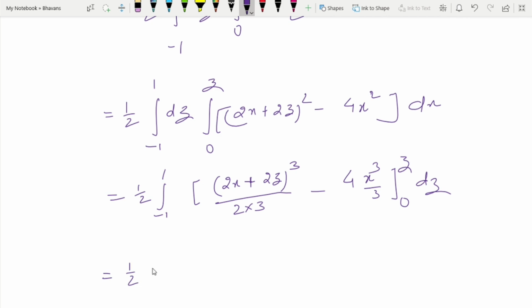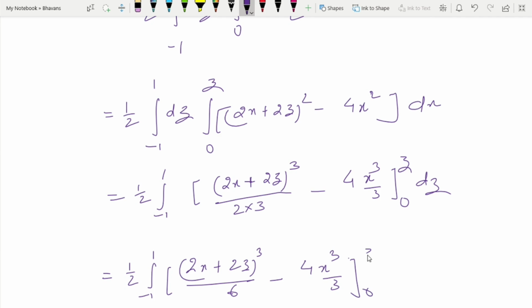So it is like half integral minus 1 to 1, (2x plus 2z) raised to 3 divided by 6 minus 4x raised to 3 by 3, from 0 to z, and dz.